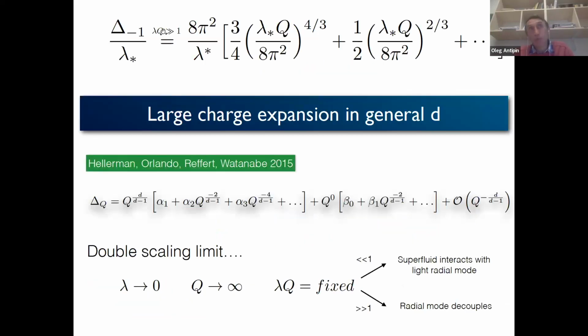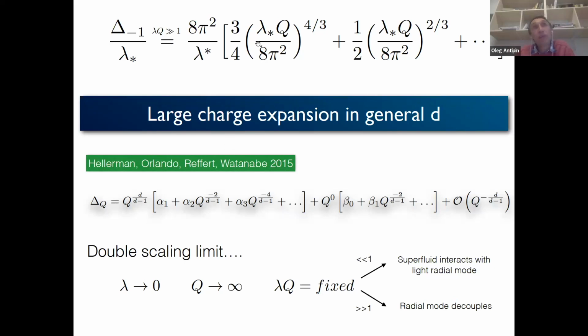In the other regime, if you expand it where lambda times q is much bigger than 1, you start to get this kind of expansion. And this was the large charge expansion I was mentioning before with the works by Kellerman, Reffert, and Orlando. So they mostly work in this regime, not in the non-perturbative regime, where these weird powers of the 't Hooft parameter start to appear.